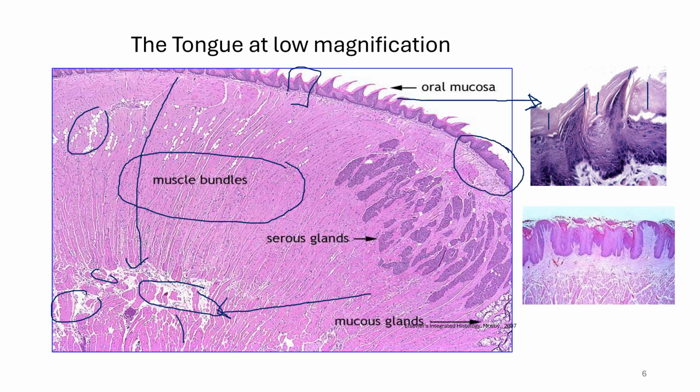This area is known as fungiform. Fungiform is not spiky, and it does not have keratin. Fungiform gets its name from looking more like a fungi, a type of mushroom. And again, we also have a lot of salivary glands, so our serous glands, and a pocket of mucus glands.